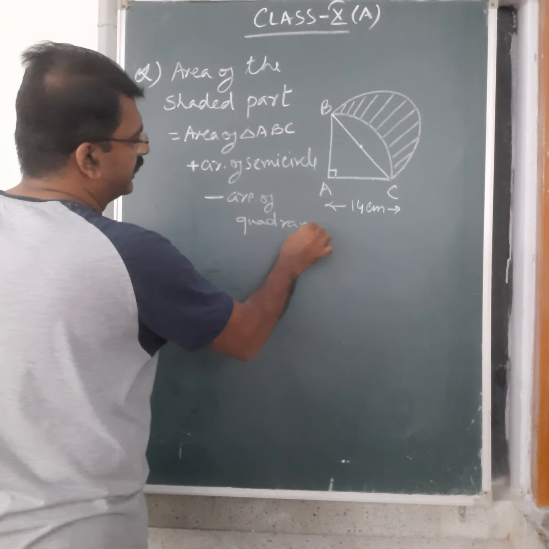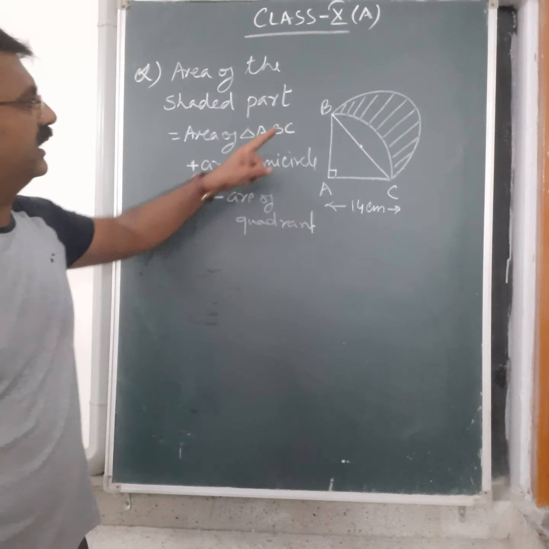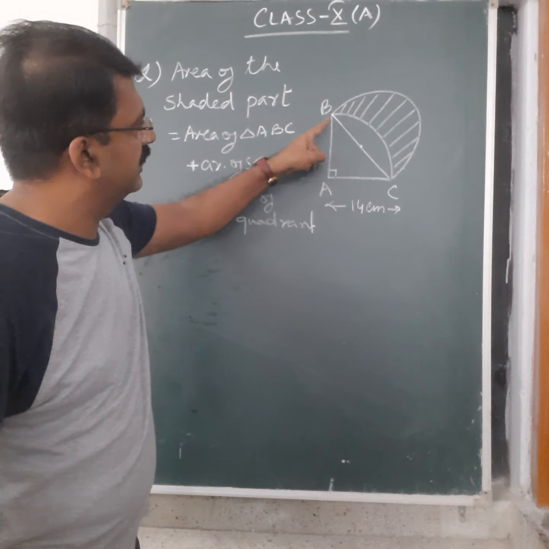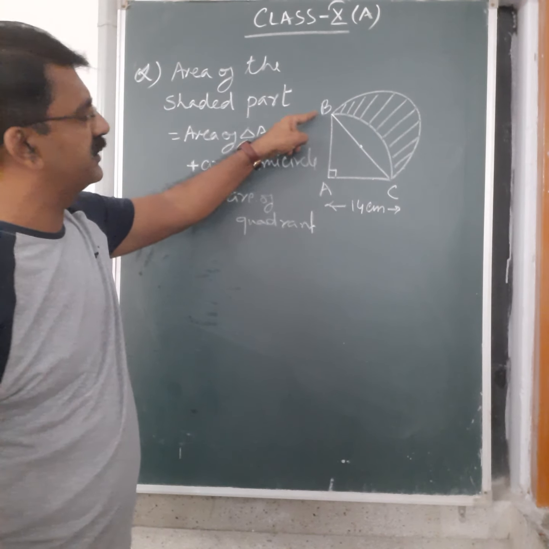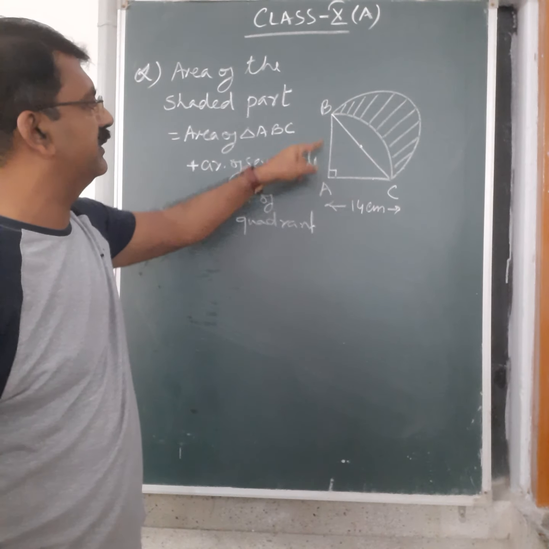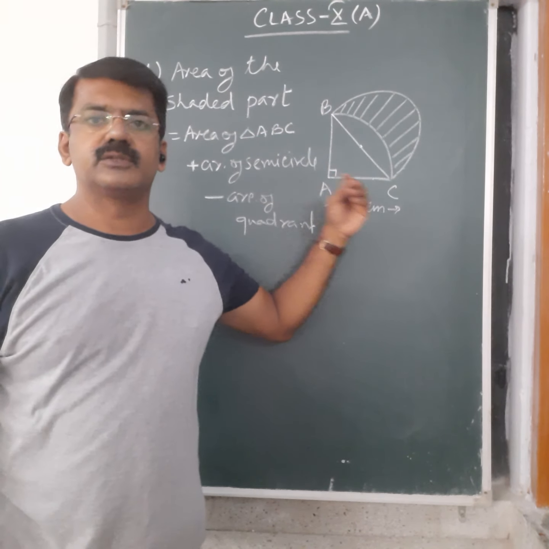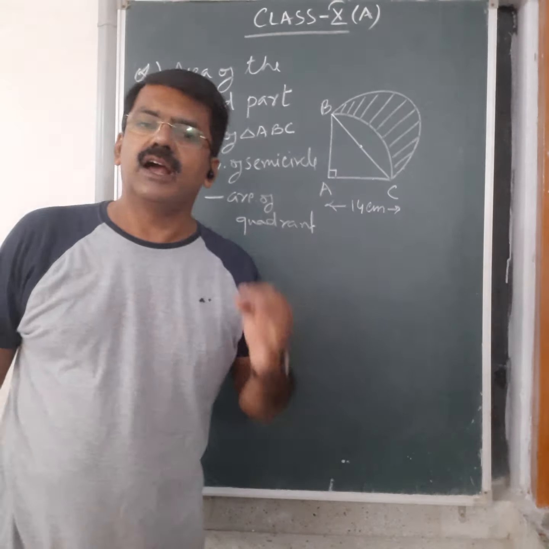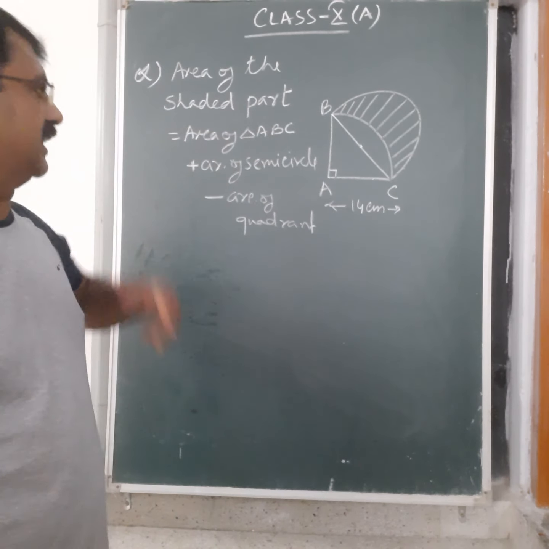Now see, to find the area of the shaded part, first the area of the triangle, if you add the area of semicircle, then it will be the whole area, and then subtract the area of the quadrant because it is not shaded. So if you subtract that, you will get the area of the shaded part.